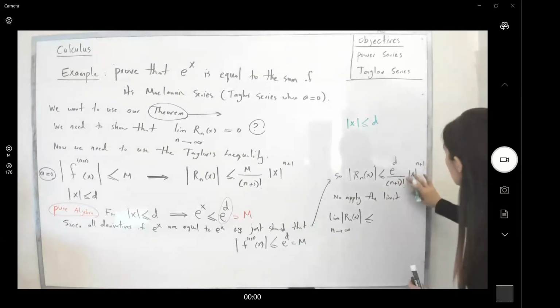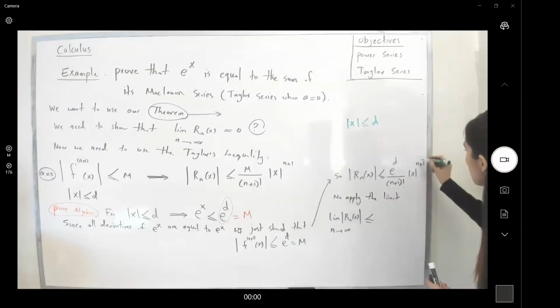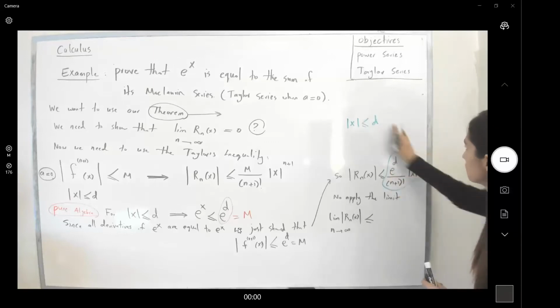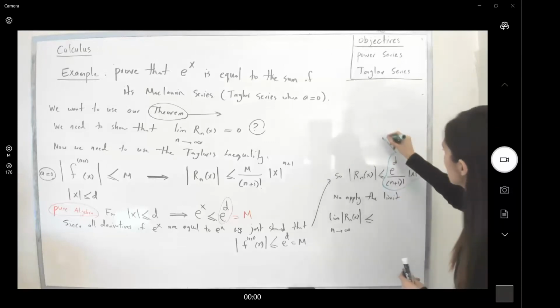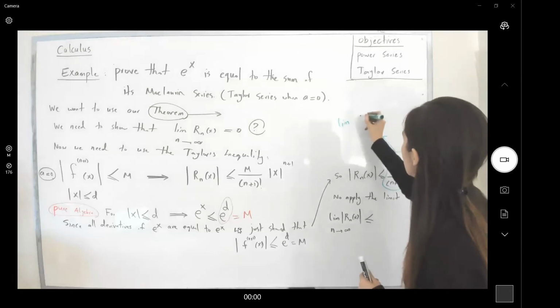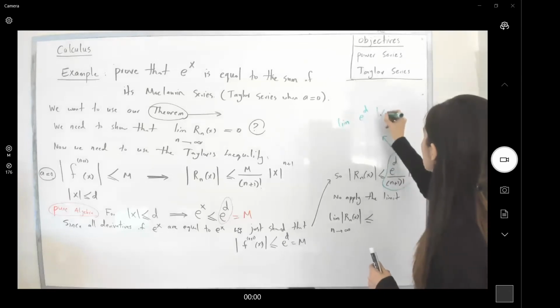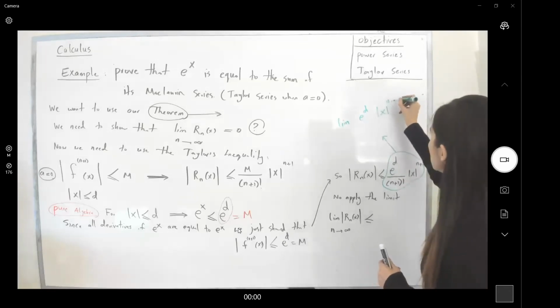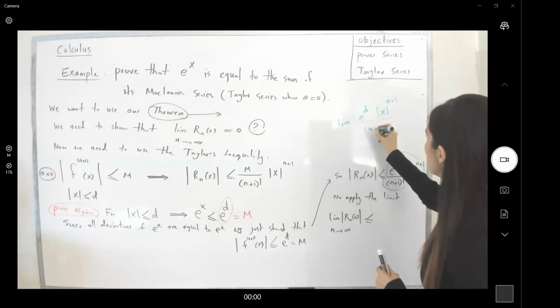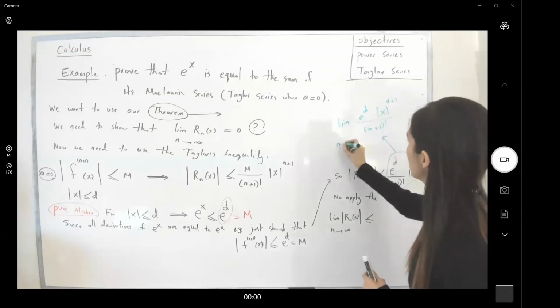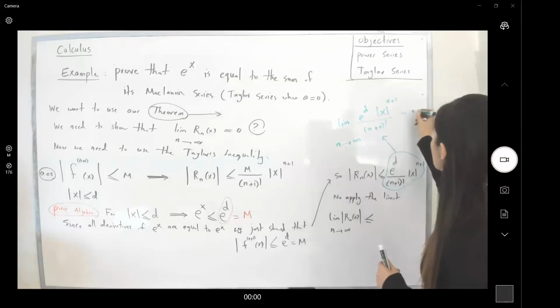The limit here is just 0. The limit of e to the d, times |x| raised to n plus 1 over (n plus 1) factorial, as n goes to infinity is equal to 0.